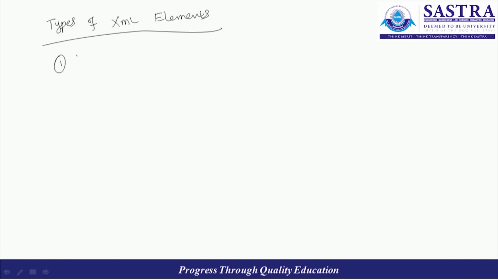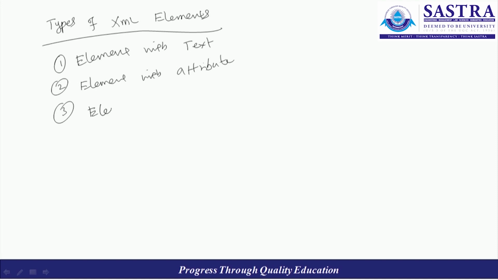First one is element with text. Then element with attribute. Third, element with child element, one or more.